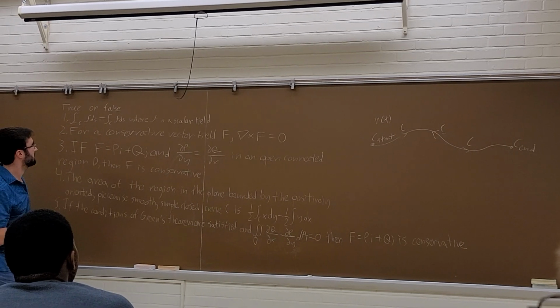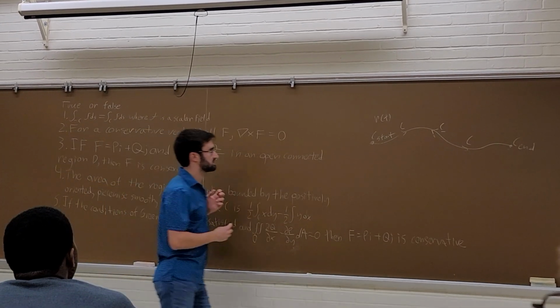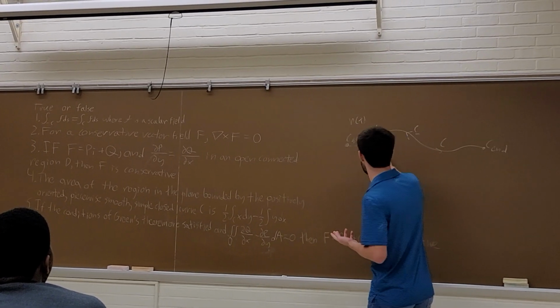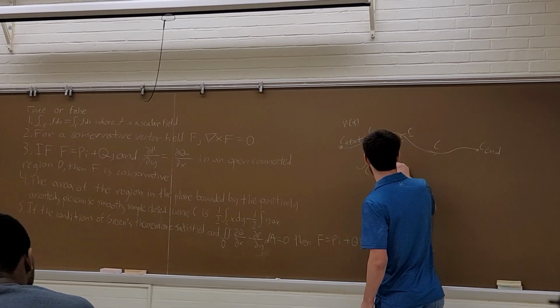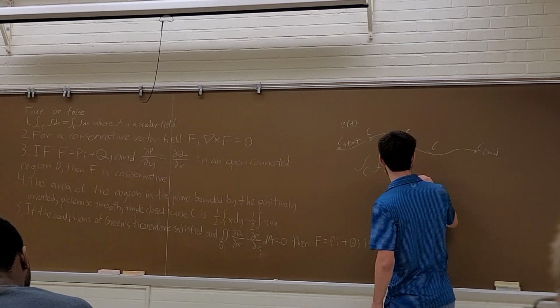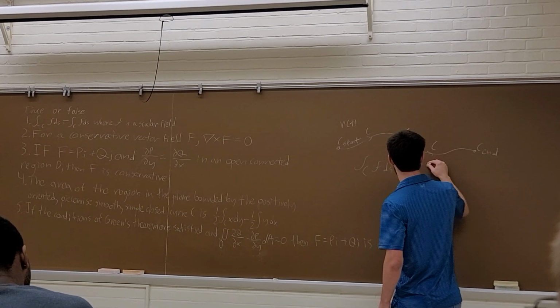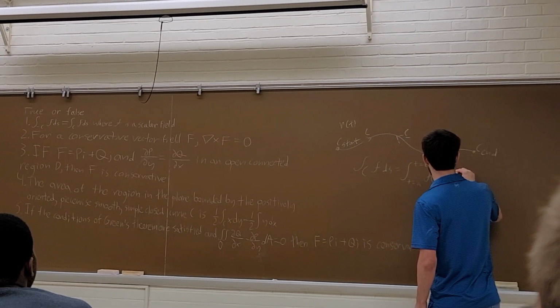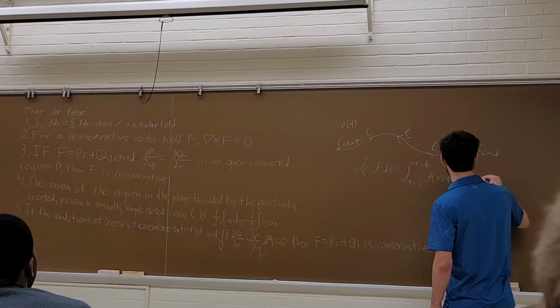And because we have ds here, this is just a line integral for arc length. So you have the integral of f ds equal to the integral from some starting time to some ending time of f of r of t times the length of r prime of t dt.